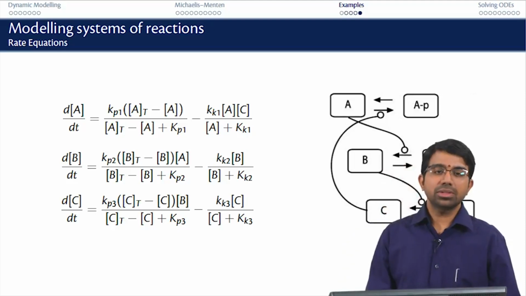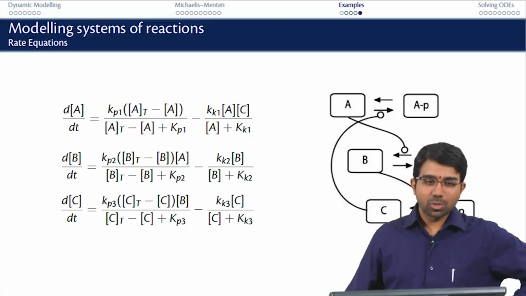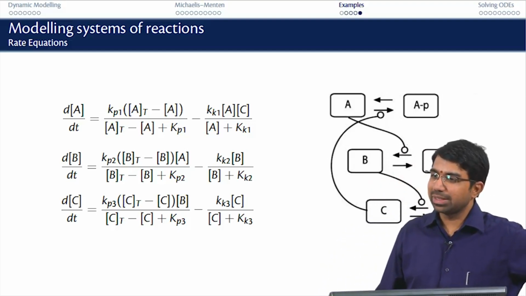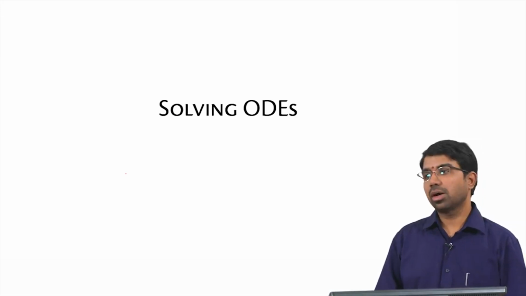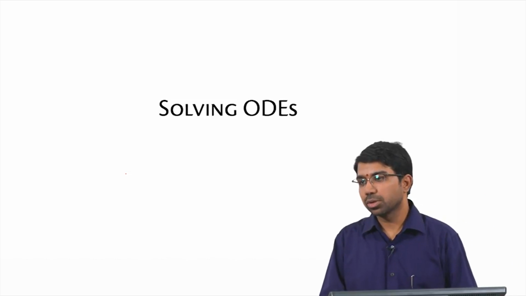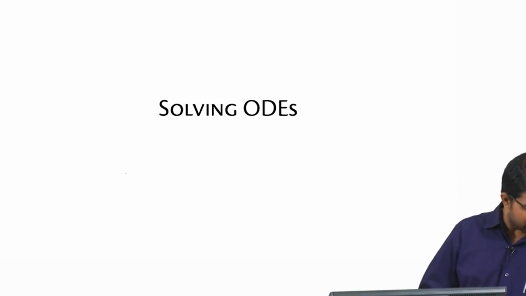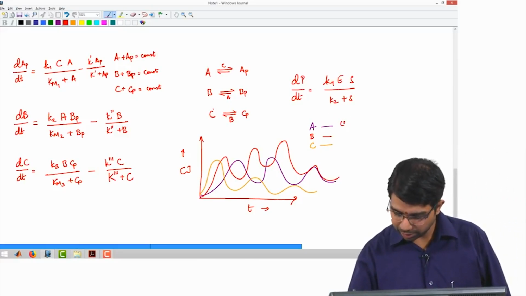So, the next step is you have now written down these equations, how do you solve them? Because what is it that we want in the end? You do not really want dA by dt or dB by dt, but you want A of t. So, how do you solve these ODEs? You now have written out the ODEs, you finally need to solve these ODEs to find out what is A of t, B of t, C of t.